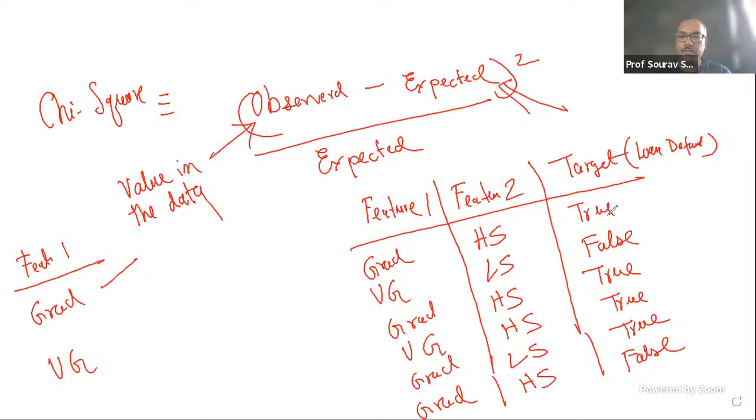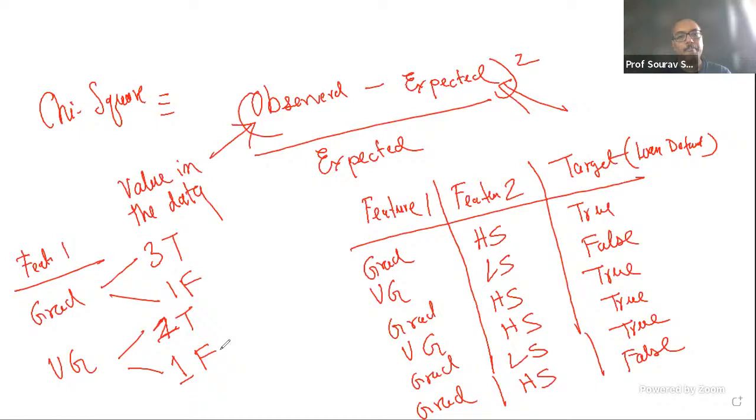And here, if I see for the graduate cases, true and false, here we have 3 true and 1 false. For the undergraduate case, we have 1 true and 1 false.